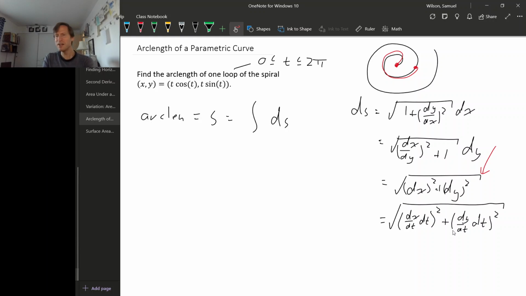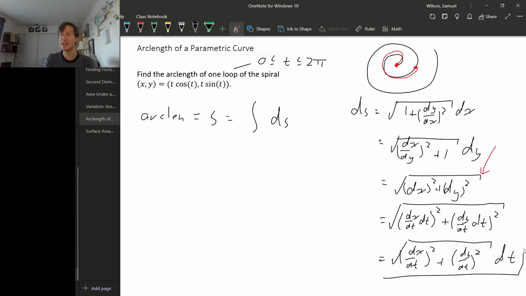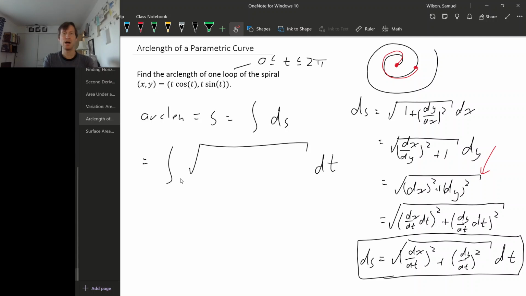If you multiply all this out and simplify, you get the square root of (dx/dt) squared plus (dy/dt) squared. When you move dt outside of the square root, it turns out positive. So to find the arc length of a parametric curve, we can use this third form of ds. We'll integrate this big messy square root, dt, with t values from 0 to 2 pi, because that's what it says up here.